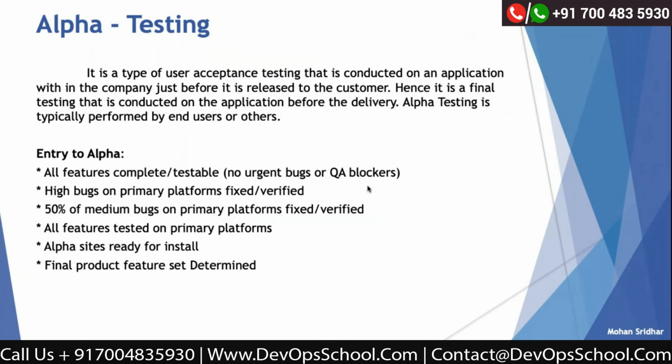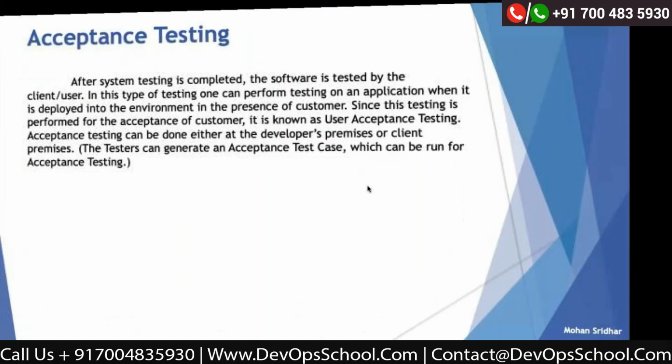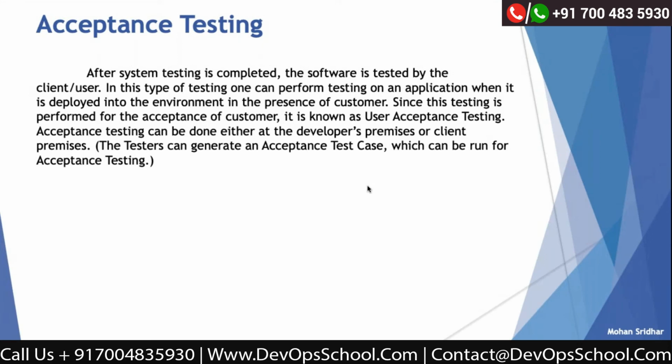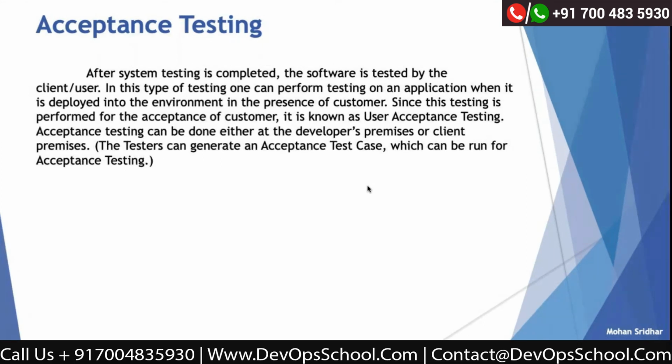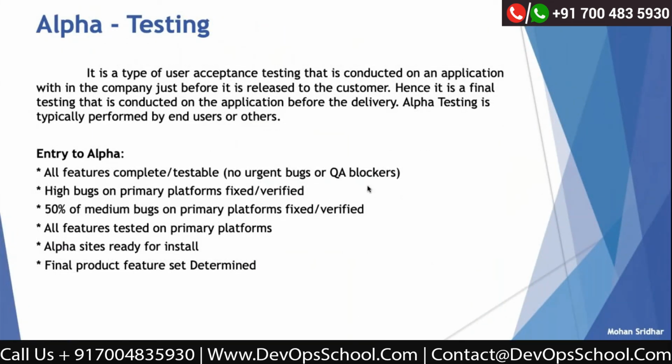In user acceptance testing, there are two types: one is alpha testing, and the other is beta testing.